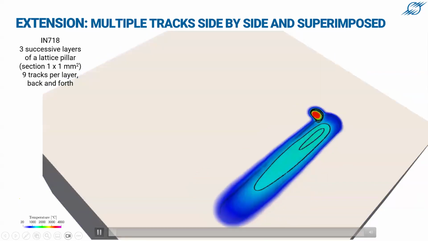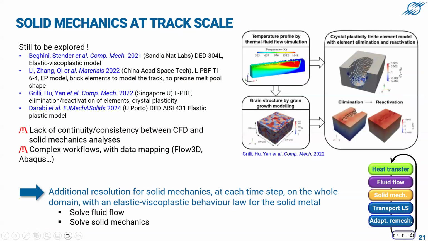Okay, so I would like to go to the next slide. Now, solid mechanics at track scale. This is still to be explored. We have seen what can be done regarding calculation of the shape of the melt pool and of the flows within the melt pool.